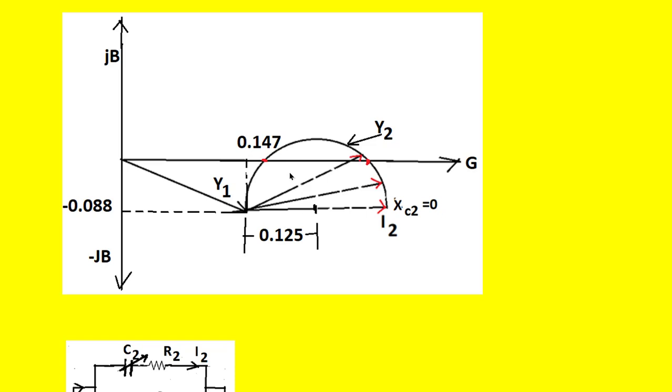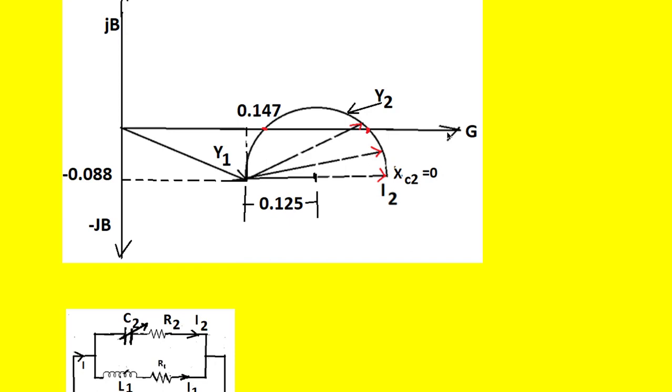For the circuit to resonate, there are 2 points at which this Y2 locus cuts the G axis. This is one point, this is another point. So for two capacitor values, the current flowing in the circuit is going to become in phase with the applied voltage.